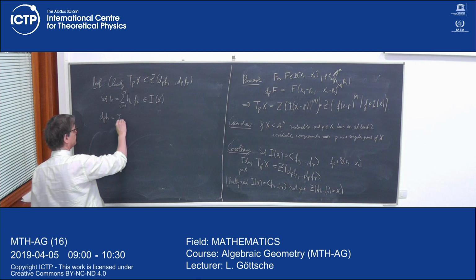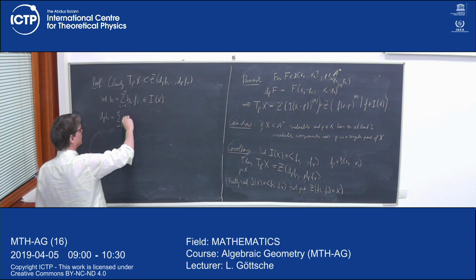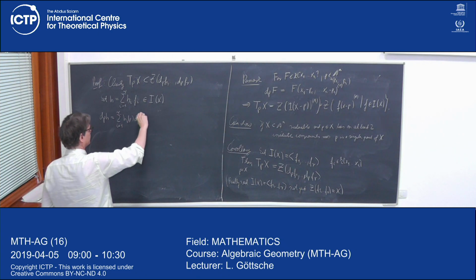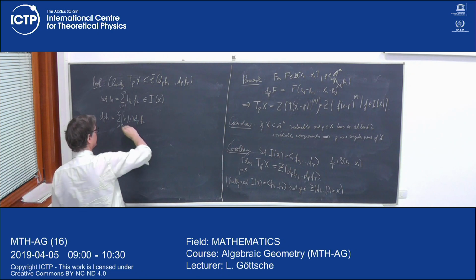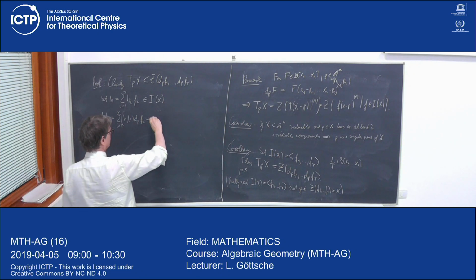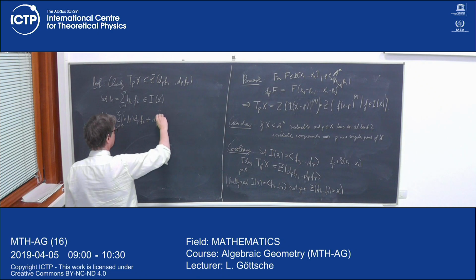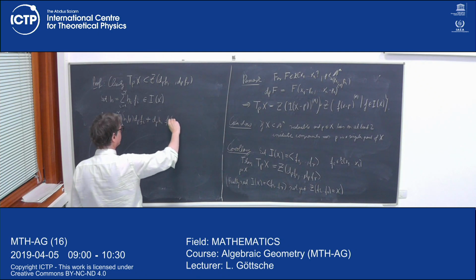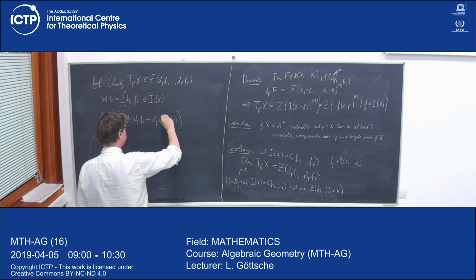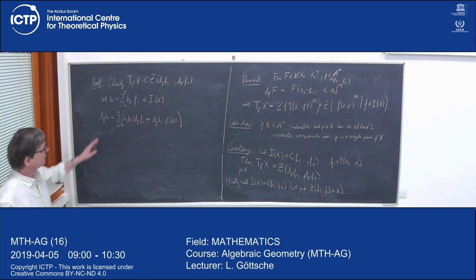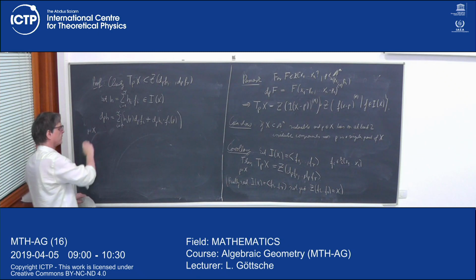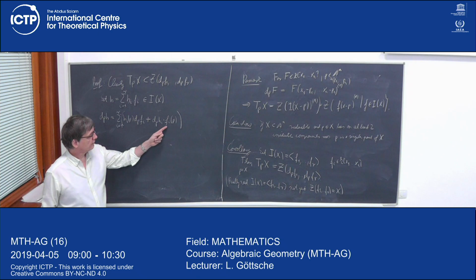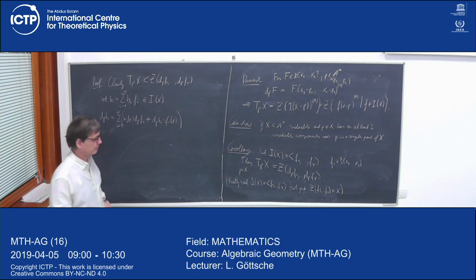This is the sum for i equals 1 to r of Hi of P times dp fi, plus dp Hi times fi of P. But P is a point in X, so therefore fi of P is equal to 0.